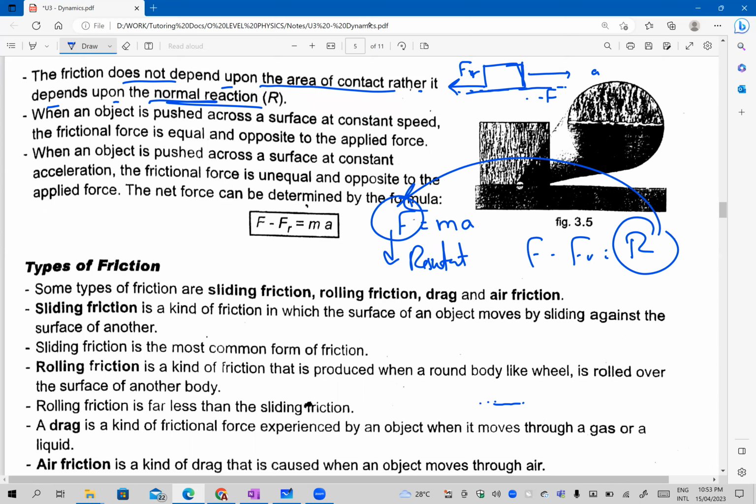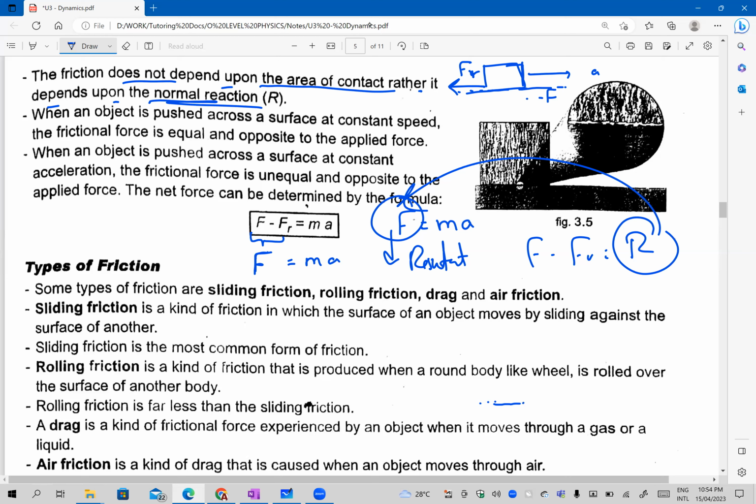So you need to resolve the forces of an object first and then take that final resultant force in this formula equated to ma. So F minus Fr is technically the resultant force, which equals mass times acceleration. F minus Fr is the explanation of this capital F we're using.